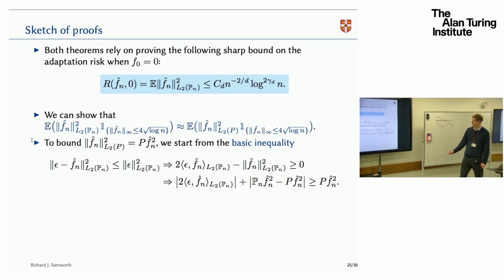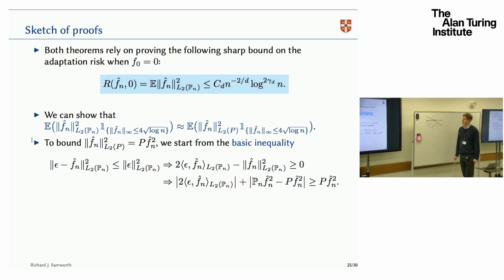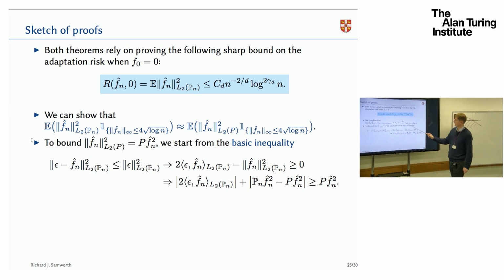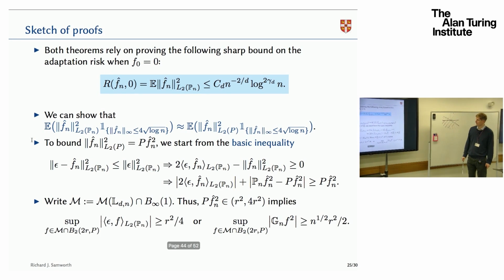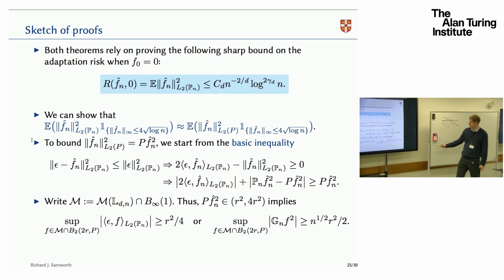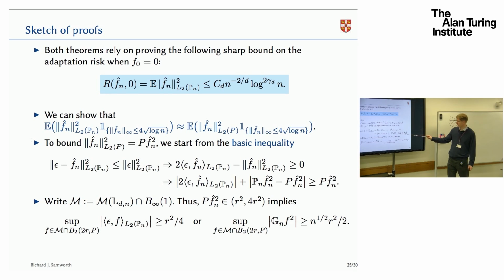And if I rearrange that, it tells me a way of bounding this P of fn squared, which is the same as this guy here, which is what appears in here. So to control this guy, I want to control this one and this term.